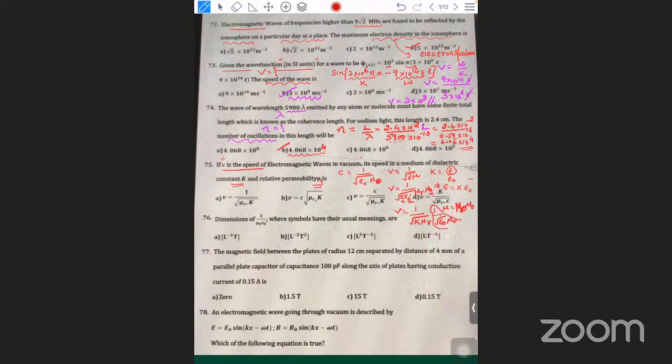And you know that this value is equal to c. So clearly this tells V is equal to c divided by root of k into mu r. So what is the formula for the V? c divided by root of k into mu r. So you can go with option C. You can take option C as the answer.